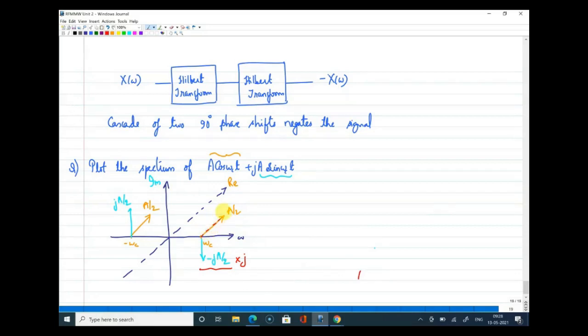Yeah, you'll get one more component at A by 2. And when you do the same thing on the other side, when you multiply this with j, you will get minus A by 2. So that component will be here. Right.